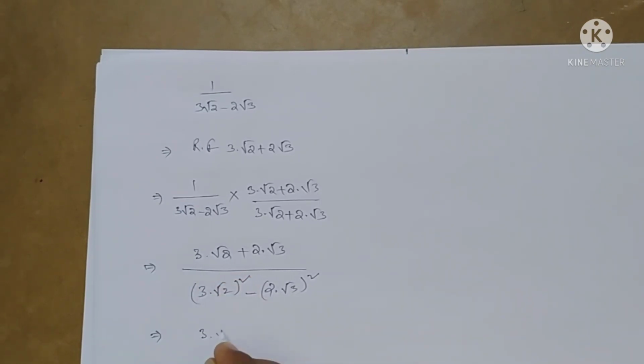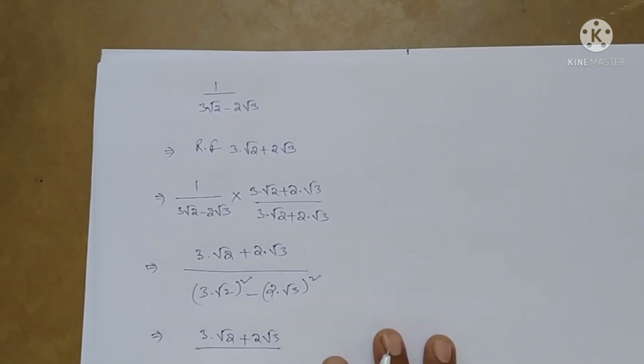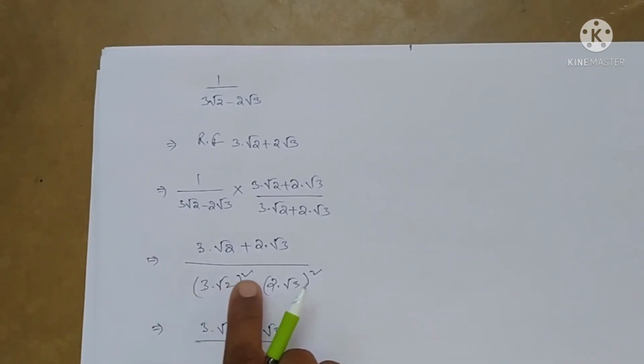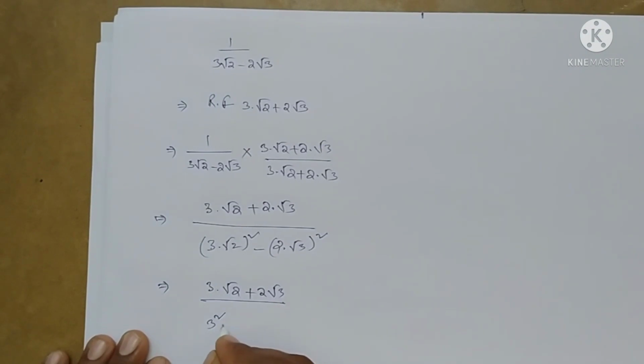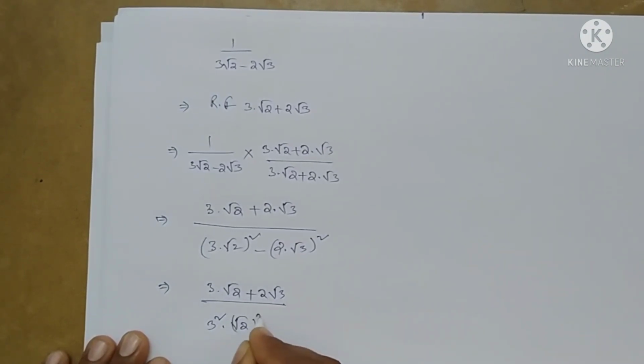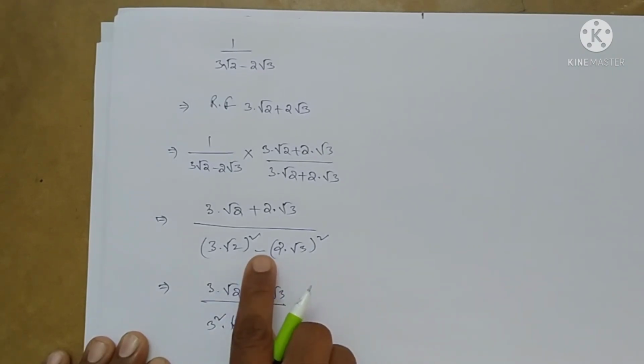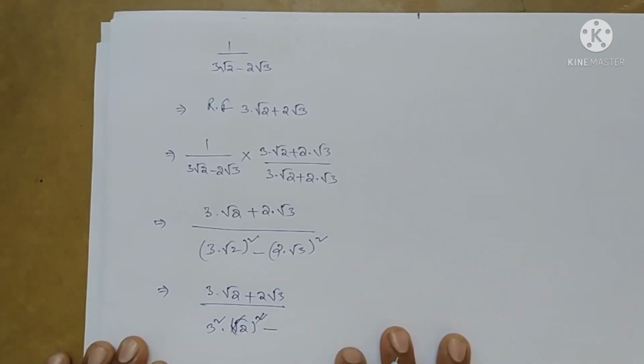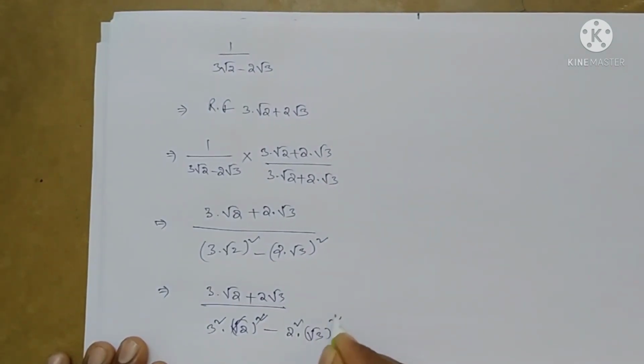So here 3 square into root 2 whole square, and the square root cancels. Minus 2 square into root 3 whole square, and here also the square root cancels.